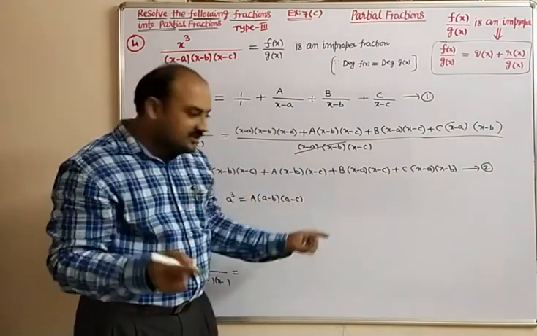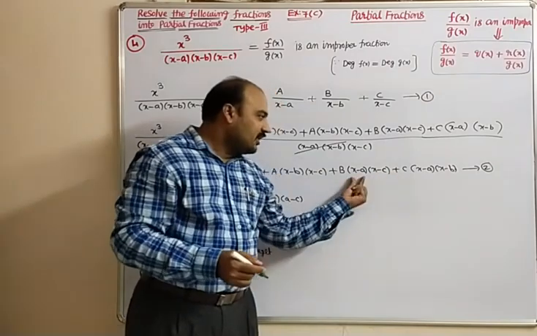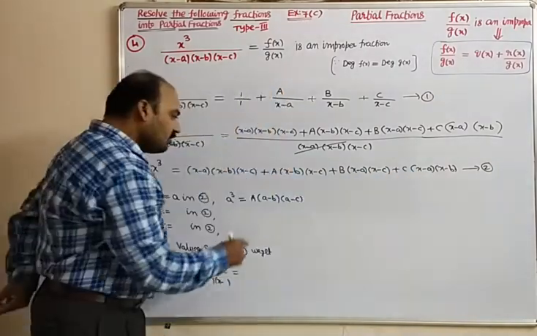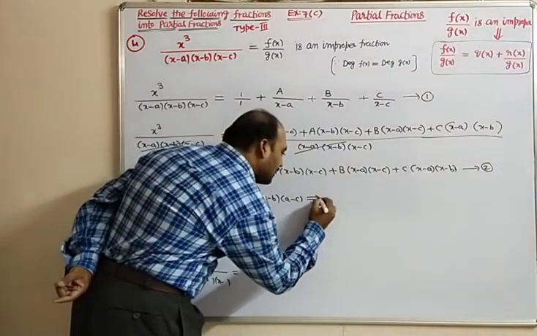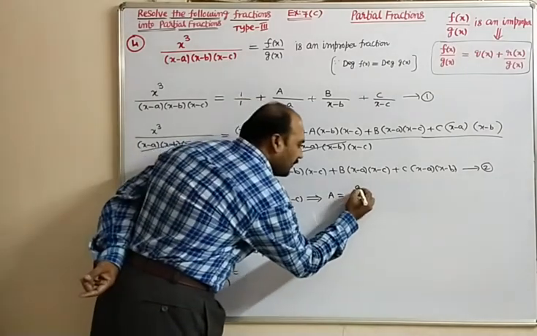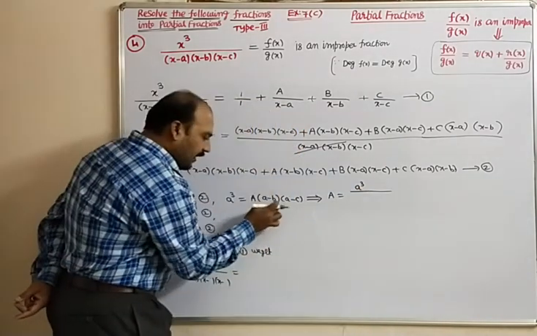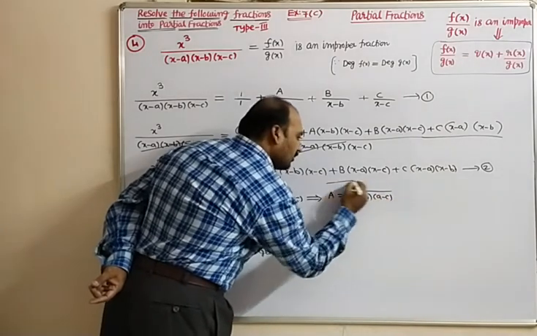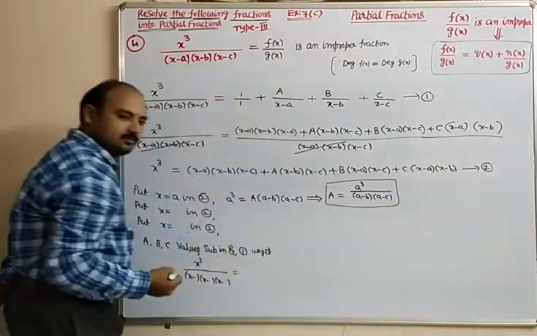In the other terms, a minus a is 0, so these two terms go to 0. From this, making capital A the subject, capital A is equal to a cube divided by (a minus b)(a minus c). Capital A value we got.